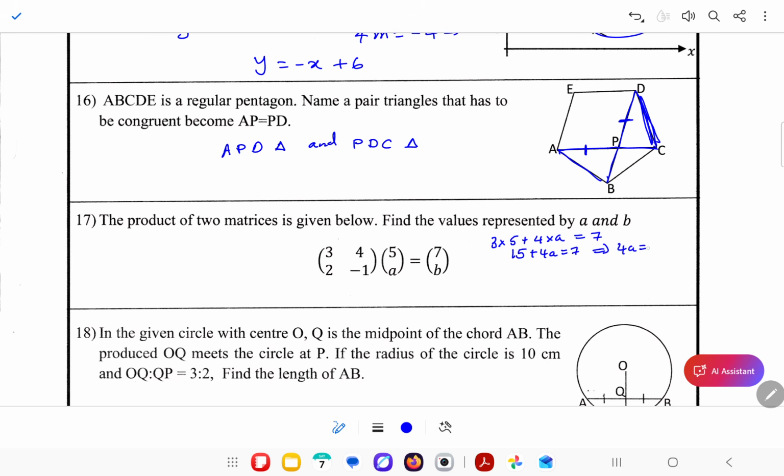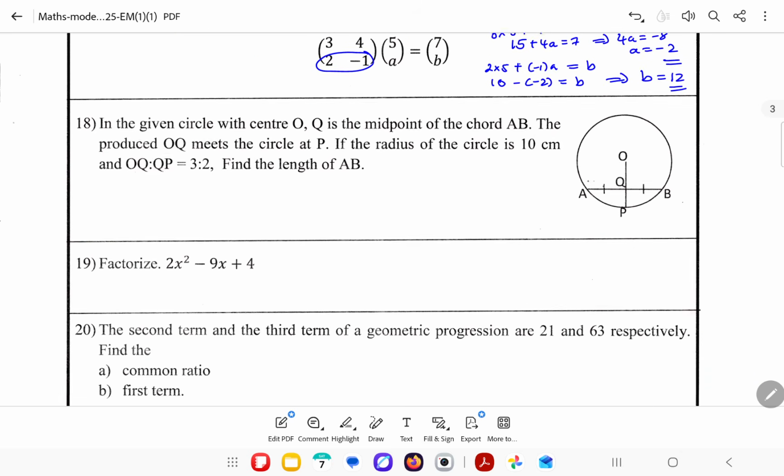So 4A equals minus 8. So A equals minus 2. Then you can use the second row and create this next equation. 2 into 5 plus minus 1 into A equals B. So 10 minus 2, A is minus 2, is equal to B. So B is equal to 12.